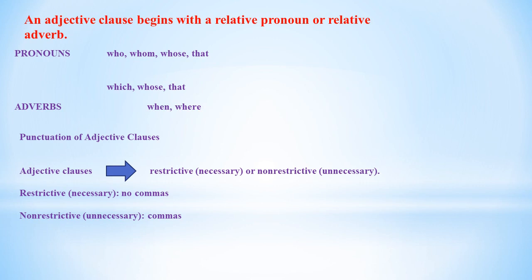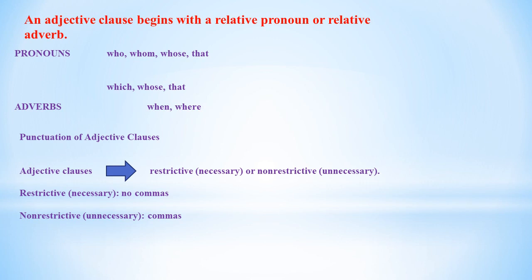Because you can omit a non-restrictive clause without loss of meaning, separate it from the rest of the sentence with commas. The relative pronoun that is used in restrictive clauses only, which is used in non-restrictive clauses only. The other relative pronouns and adverbs can be used in both restrictive and non-restrictive clauses.